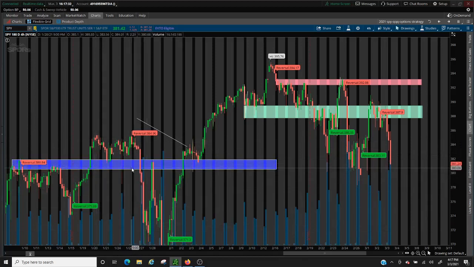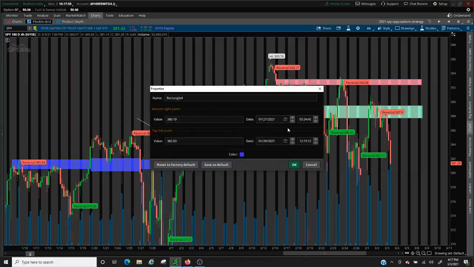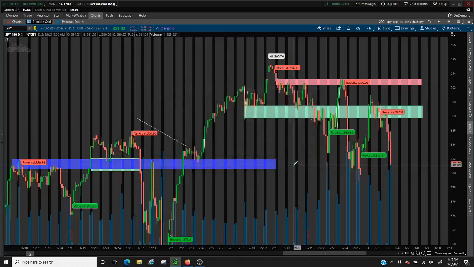So from here to here, let me see if I can put another rectangle. From here to here, okay, I'm going to change the color. It provided support.